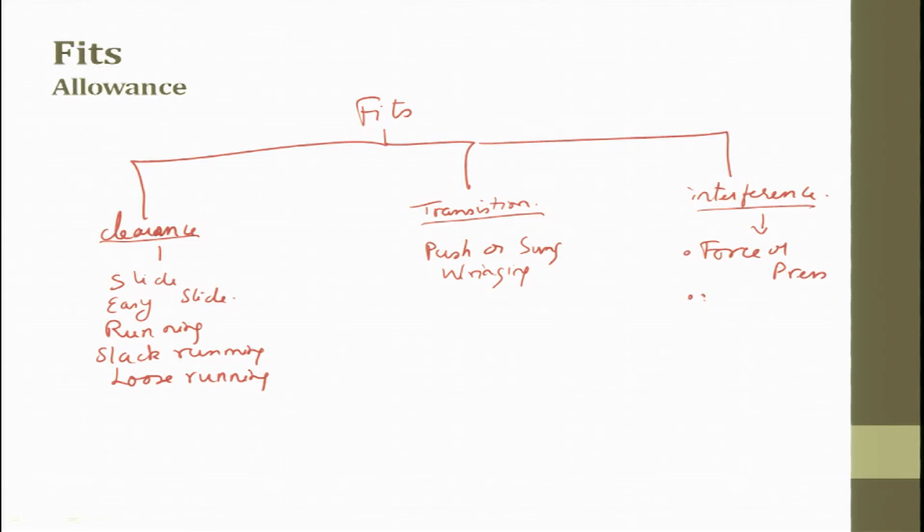Here we need driving, pushing, it is tight, and we sometimes do a shrink fit, we also do a freeze fit. All these are possible fits of interference fit. So these are the allowances and here is the clearance.